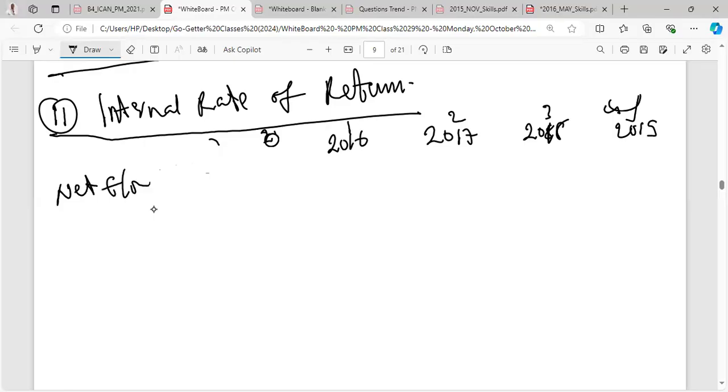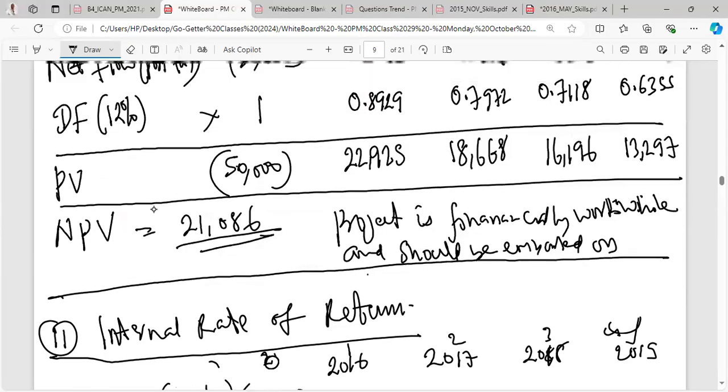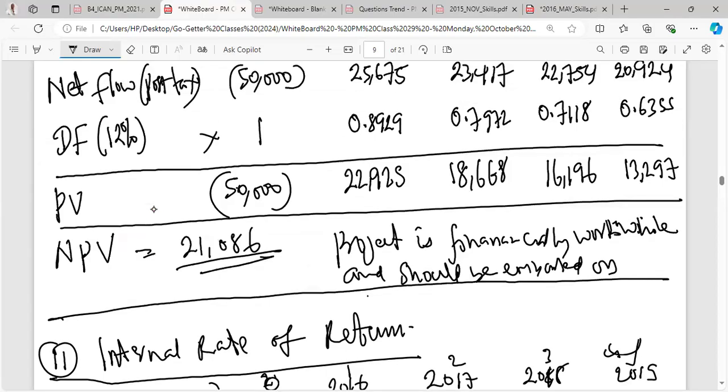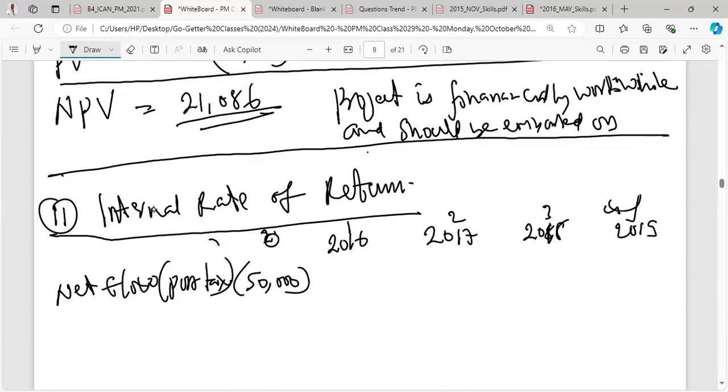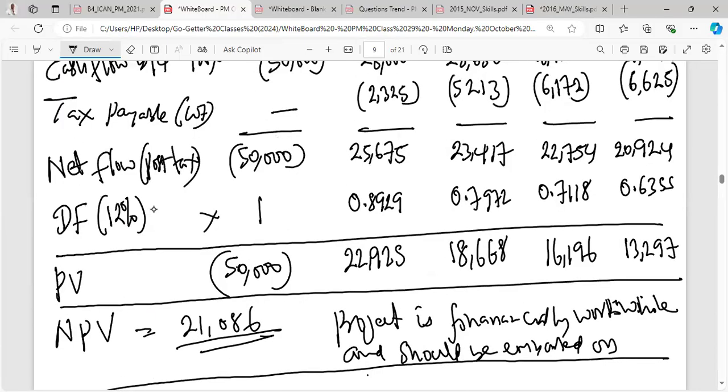Net flow post tax. So this is 50,000. Then we'll be taking these ones the way it is here. 25,675. Come again. 23,417.